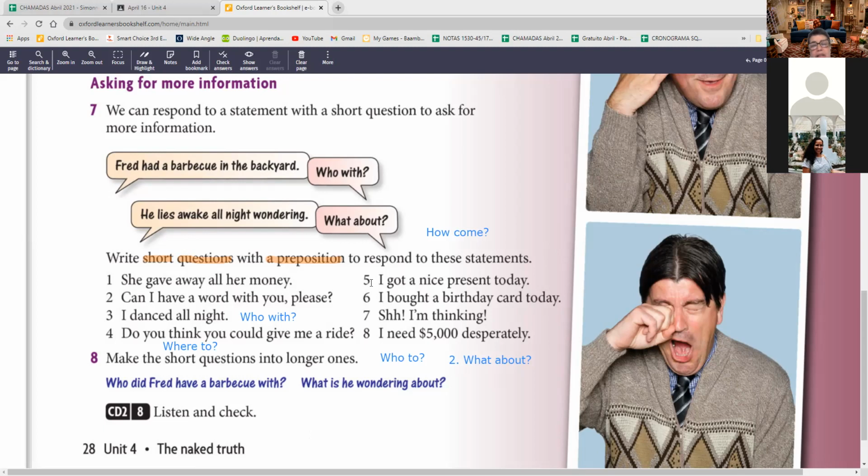Now, number five: I got a nice present today. Who to? Not really to. It would be who. Who gave? Gave is not a preposition. You have to use a preposition.